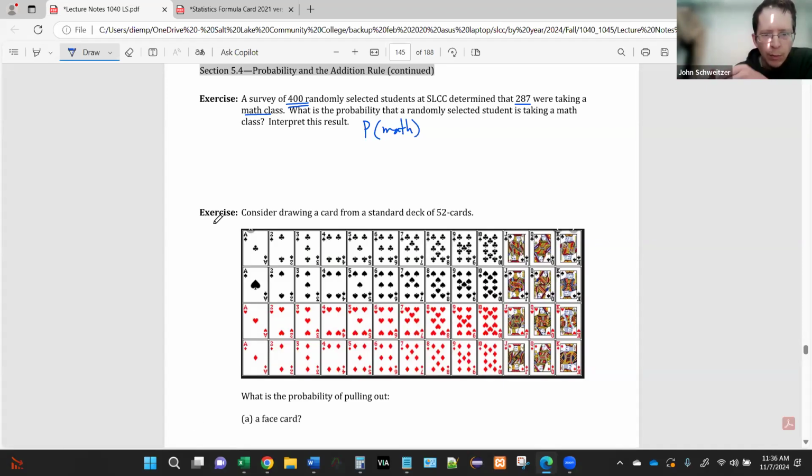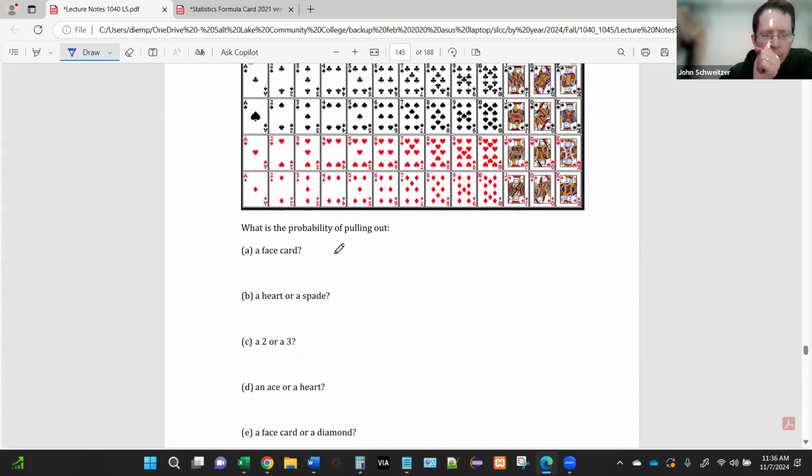In the second problem, we're back to cards again. We've drawn out the whole sample space. This is what has to happen when you draw a card from a fair deck of cards, assuming there are no joker cards in there. I want you to practice with a couple of these probabilities.